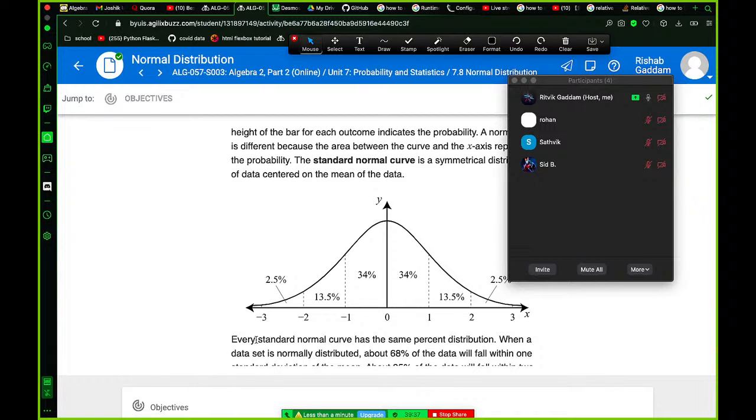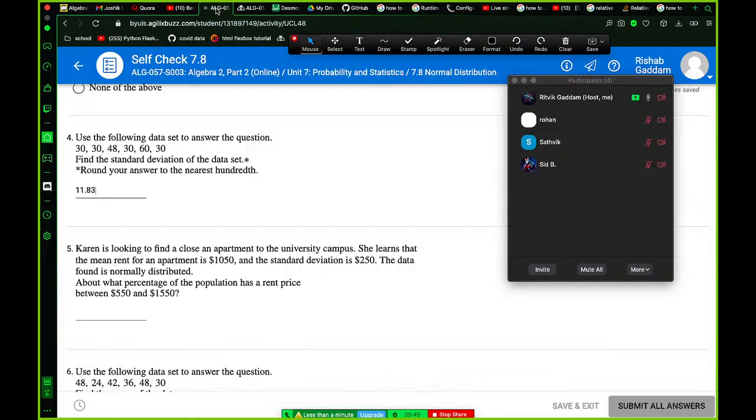So 95% of the population is here, between 550 and 1550. So yeah, that's how you do it. Basically, click over here, and you get 95%.